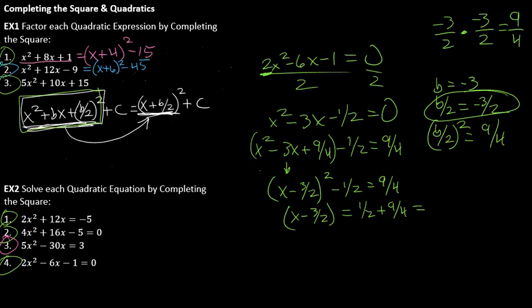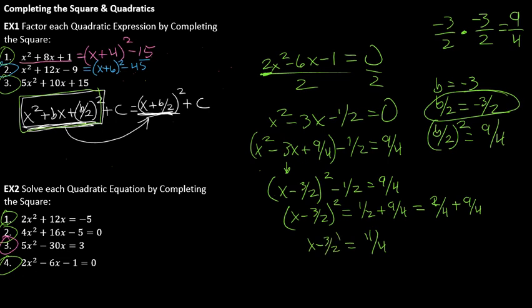Okay, and this is going to be the same thing as 2 over 4 plus 9 over 4. So that's going to simplify down into 11 over 4.